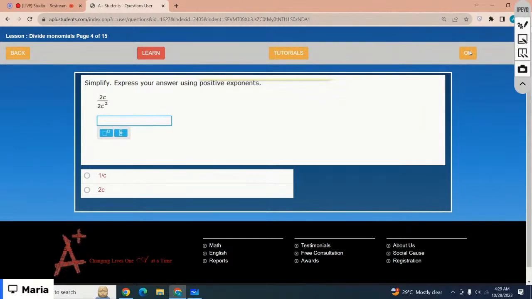Okay, the next one is simplify 2c divided by 2c square. So, which is the correct option? The correct option is yes, 1 divided by c, right? Very good.